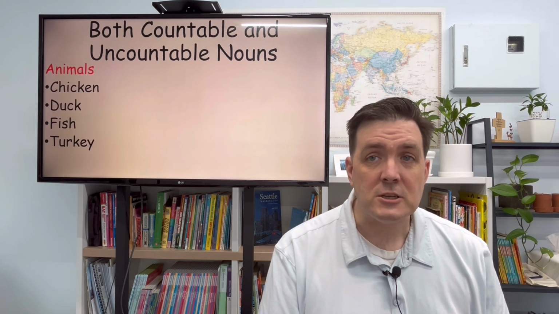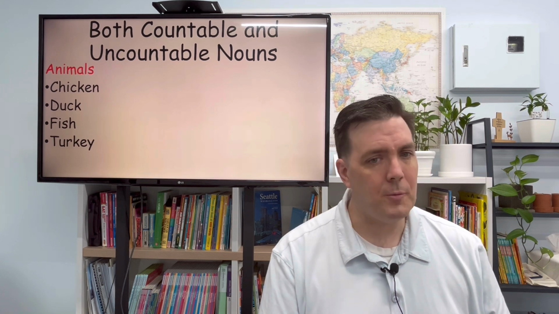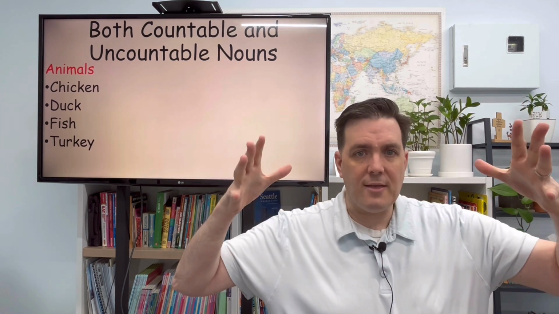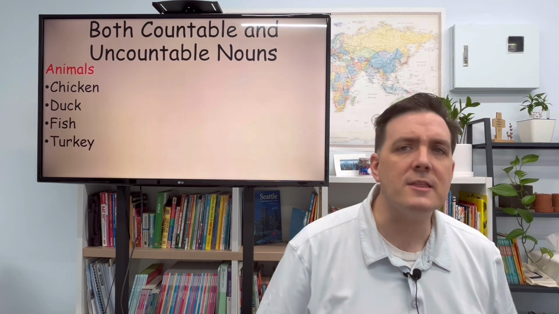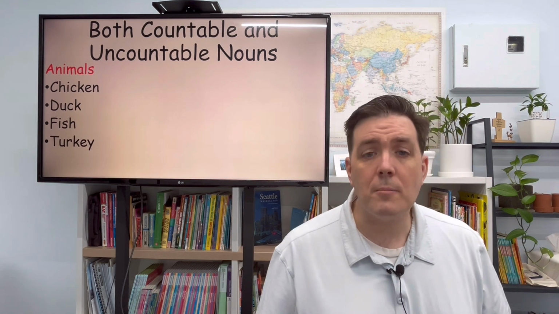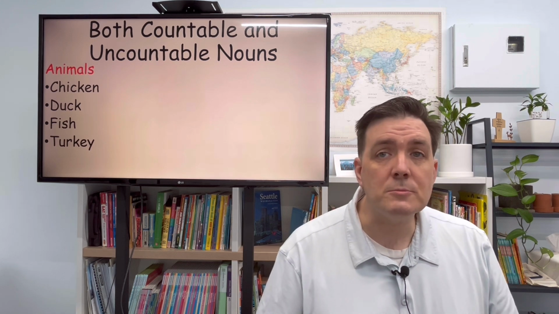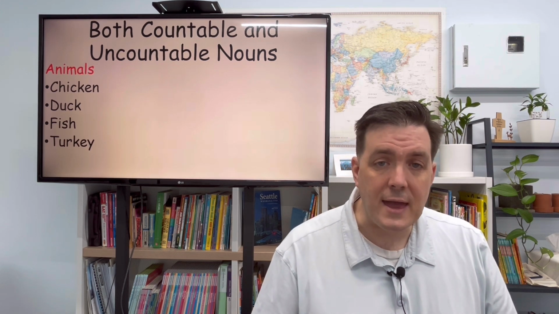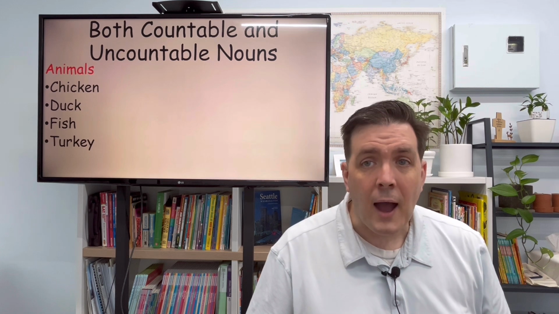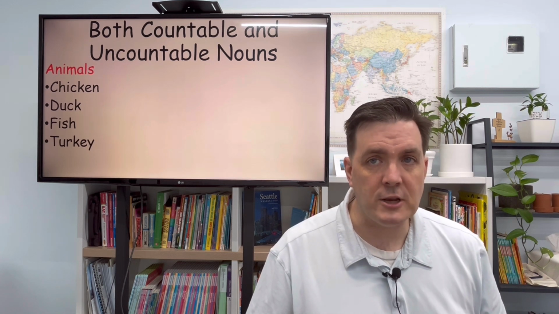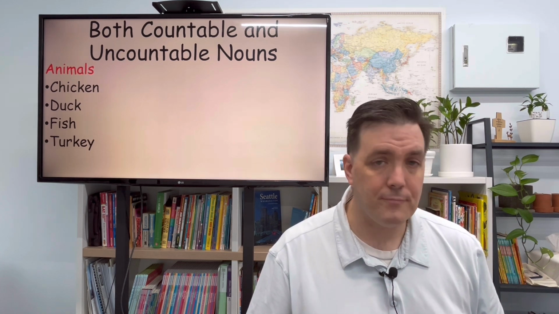But I ate 2 chickens for my dinner? Oh my goodness, I ate 2 giant things like that? No, we don't say that. I ate some chicken. Same thing for duck, okay? There are some ducks swimming in the lake. But I ate some barbecued duck for dinner last night. Oh, it was good.